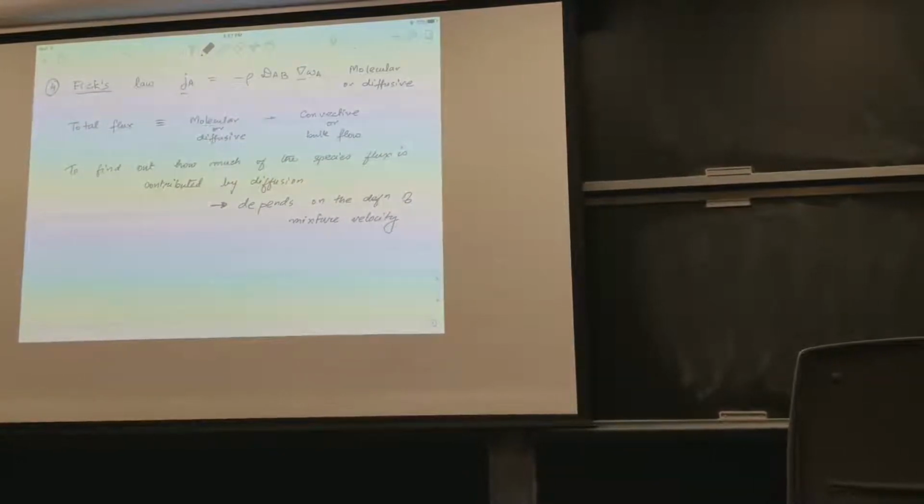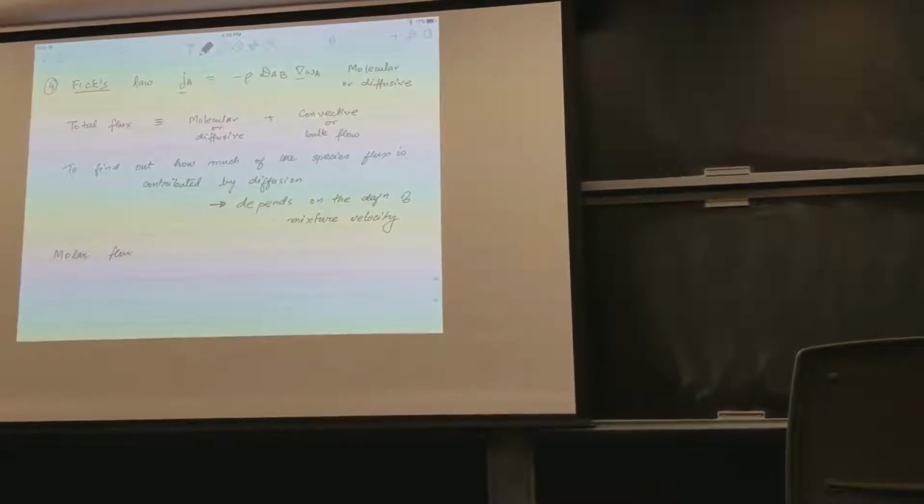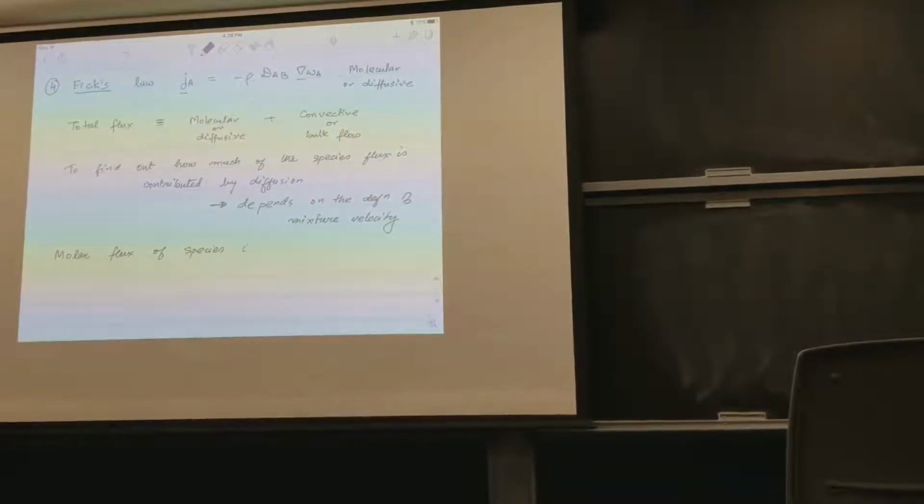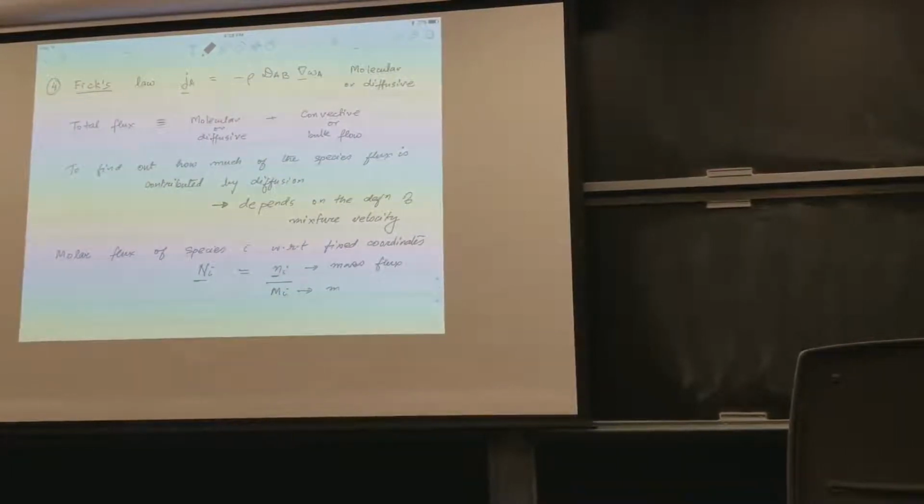So if I am looking with respect to fixed coordinates, then the molar flux, the number of moles of species i with respect to fixed coordinates, is given by Ni, and that is related to the mass flux, mass per unit area per unit time, by this formula where Mi is the molecular weight of i.